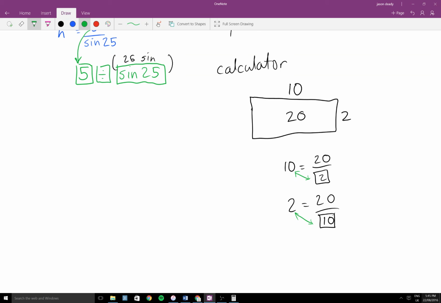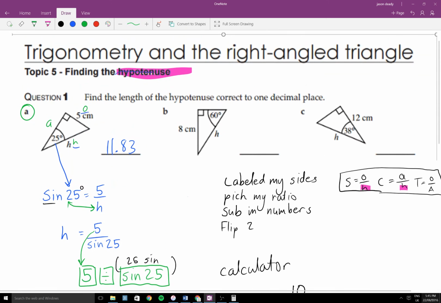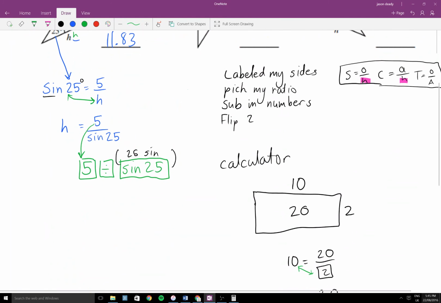Okay, now sine, in our example, sine 25 was just a number, and h was just a number, and 5 was what's divided by. So this rectangle would be like the other one. It would be, say, sine 25 on one side.